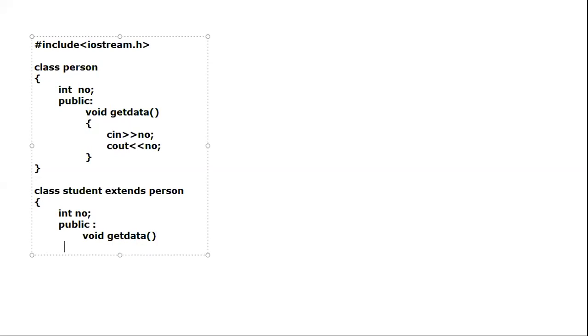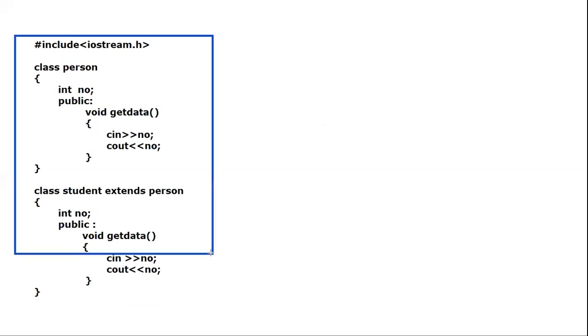The get data function is there in the derived class as well as in the base class. This is what the class declaration is done here.